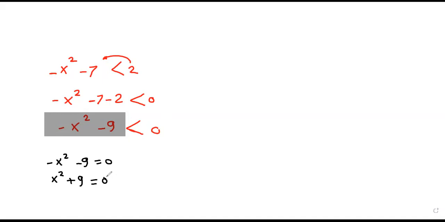So tell me, what are the values which make this equation equaling to 0? Actually, I don't have any real value that makes this equation equal 0. So this function, x squared plus 9, all the time is positive.